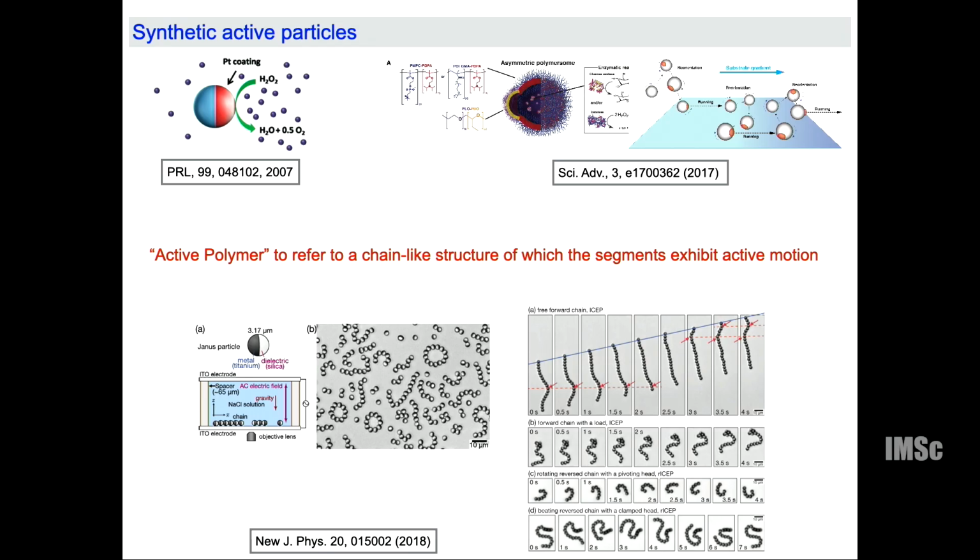The red face, which is platinum coated on a silica sphere, carries out a reaction on just one side of the Janus, and because of this reaction, a gradient of the product, or the fuel, whatever you want to say, is formed, and that gradient somehow propels this Janus particle in a particular direction. So this is a particle which does not require any external forces to move. It has some mechanism by which it creates the gradient for itself to move.